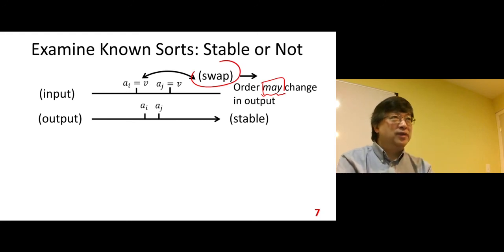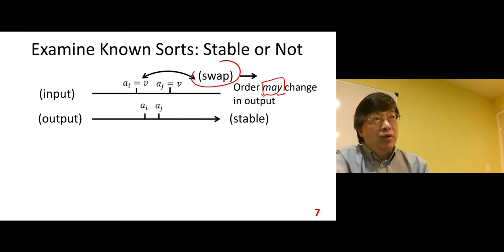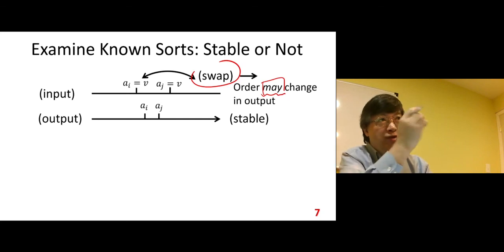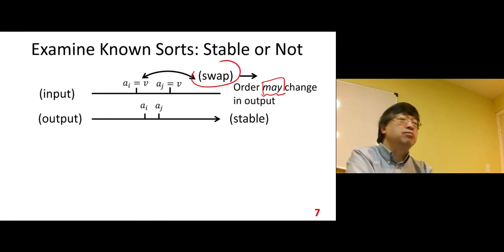So think about this. There is an example, the bubble sort. In the bubble sort, we do a lot of swap operations. But when we do a swap, we apply it on two adjacent elements. So in that case, we won't change the order.